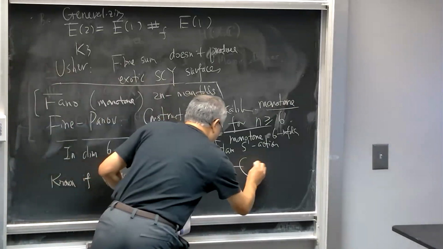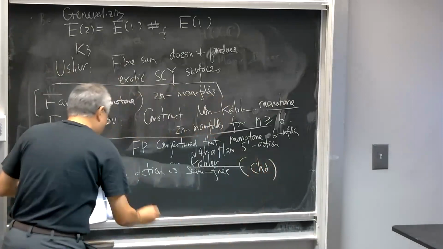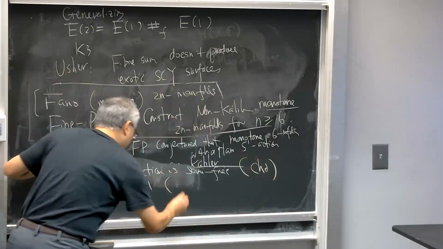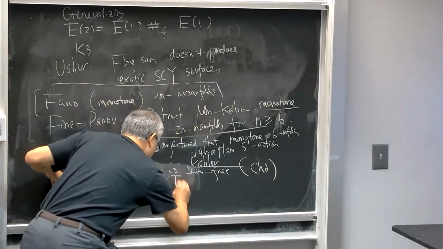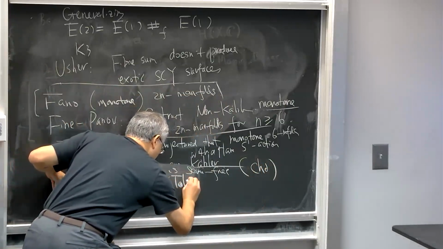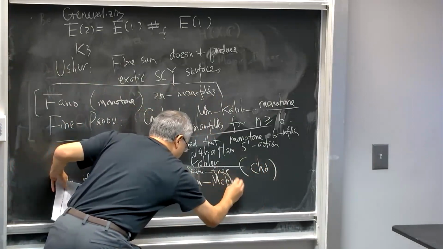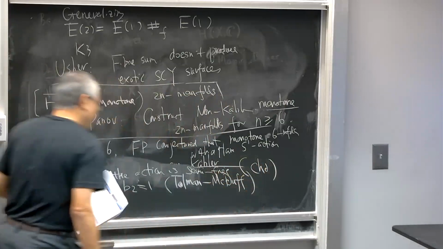So this is due to Chow. And if b2 is equal to 1, this is actually a byproduct of this proved by Sugan-Tolman and others.